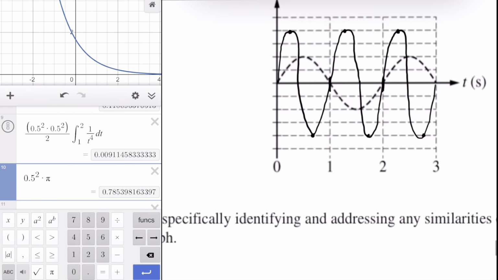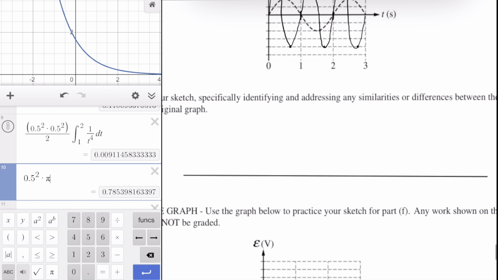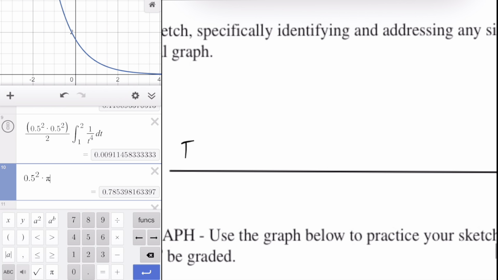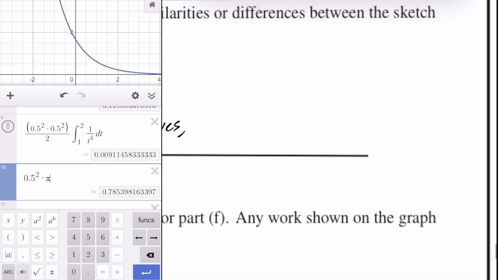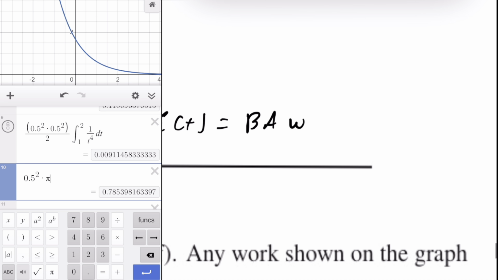That's pretty much it. So now justify your sketch. This is pretty easy. T equals 2 pi over W. If W increases by 2, T halves. E of t has to equal BA W sine Wt, as earlier shown.